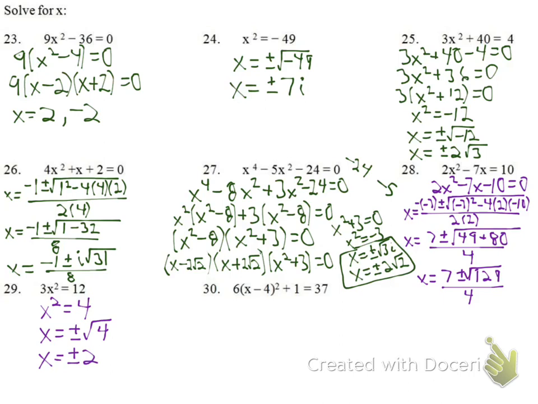So to do that, I'm going to subtract 1 from each side and say 6 times x minus 4 squared equals 36. I'm going to divide both sides by 6, and I get x minus 4 squared equals 6. So now I can take the square root of both sides, and I get x minus 4 equals plus or minus the square root of 6. And by adding 4 to both sides, 4 plus or minus the square root of 6 is my solution.